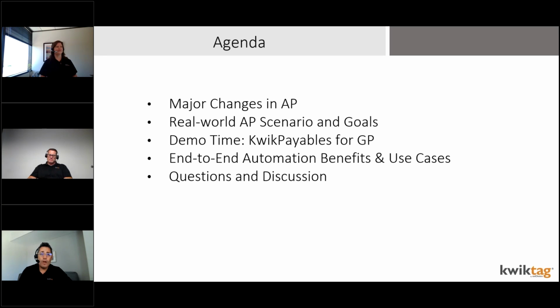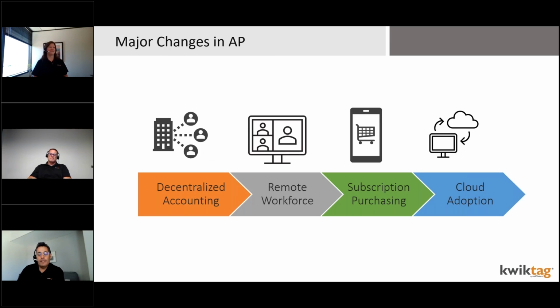And then Mary's going to walk you through a demo of QwikPayables for GP. This is our AP automation solution that helps address the need for invoice processing. Then we'll go through some of the benefits, another use case, and have, like I said, that time for questions at the end. So Mary, talk to us about the major changes in AP that we're seeing.